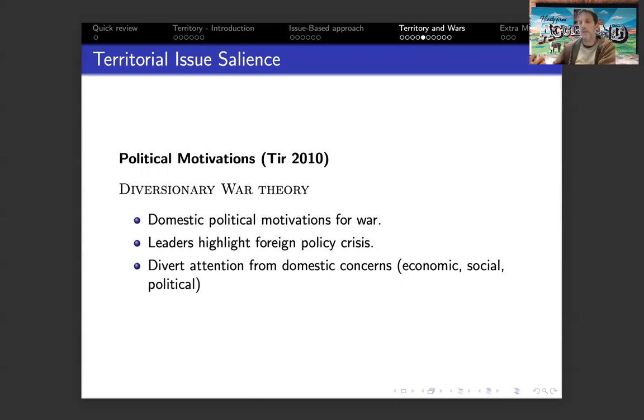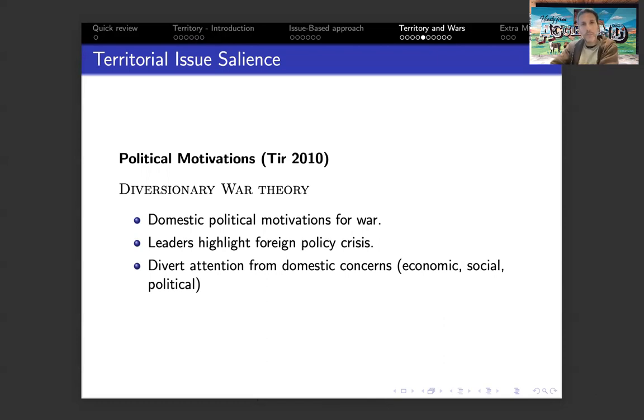For example, if there's an economic crisis, which is a domestic problem, the leaders will want to divert the public attention from that crisis by highlighting an international crisis, and this international crisis might lead to war. That's the argument behind the diversionary war theory. It's also relevant for other types of political crisis or social unrest.